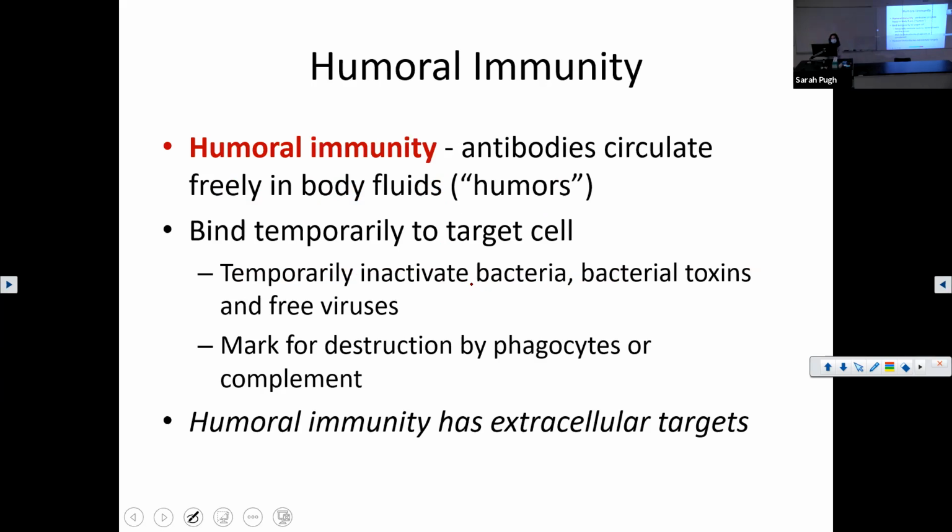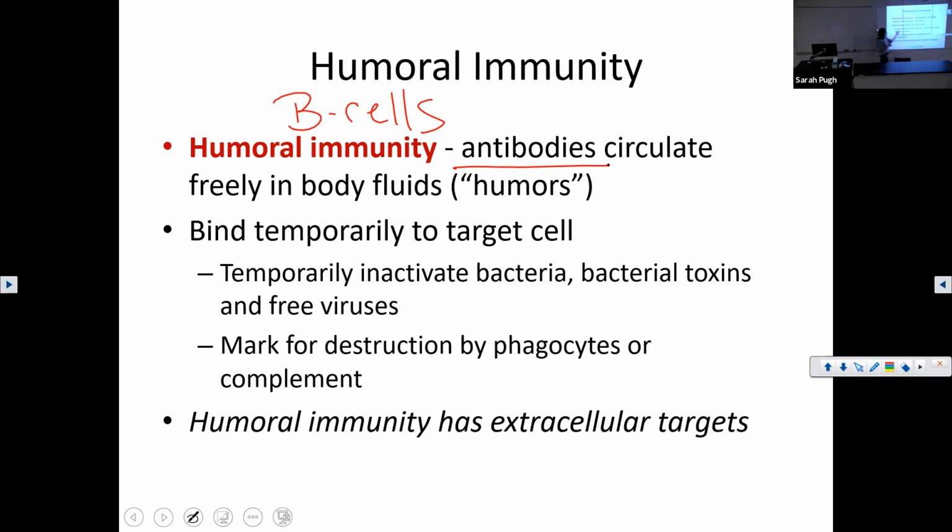So for humoral immunity, again, these are our B cells that are providing this. These create antibodies, and again, why we call it humoral immunity is that antibodies circulate through your body's fluids. And the role of an antibody is a protein, basically, that's now moving through your blood, it's moving through your lymph.